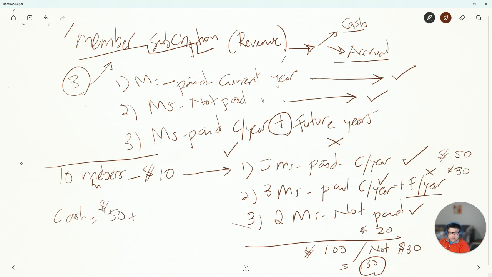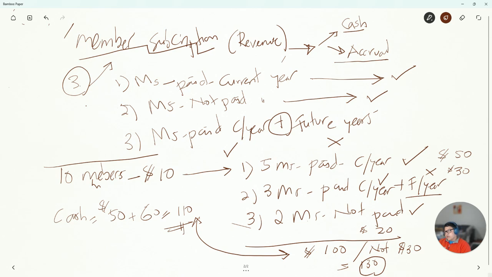The second one, they pay for the current year and future year, 3 members, is $60. So you got $110 cash. So you can see that cash 110 is not the same as what we are going to recognize as revenue, which is $100.